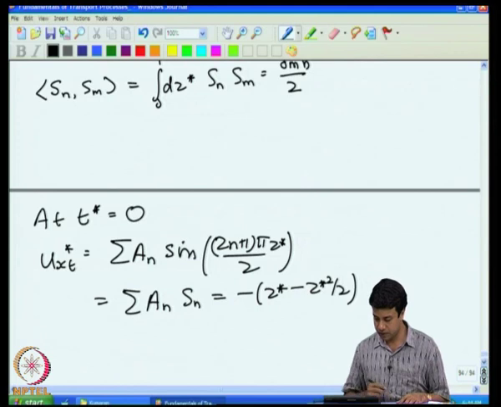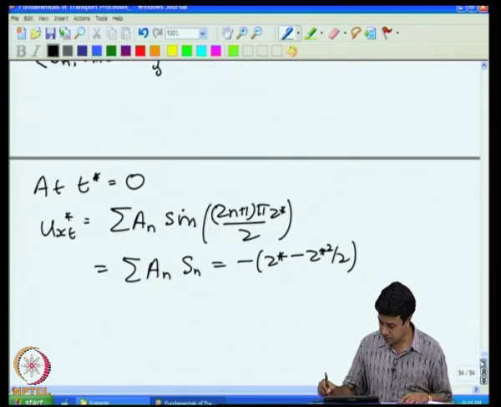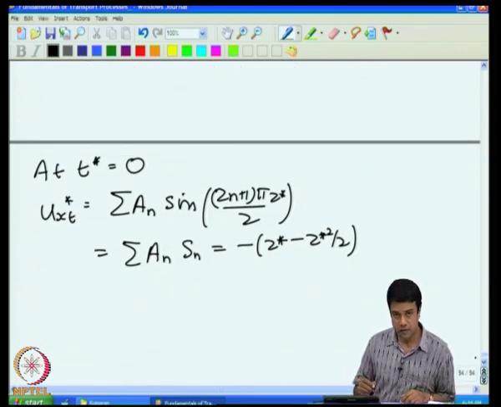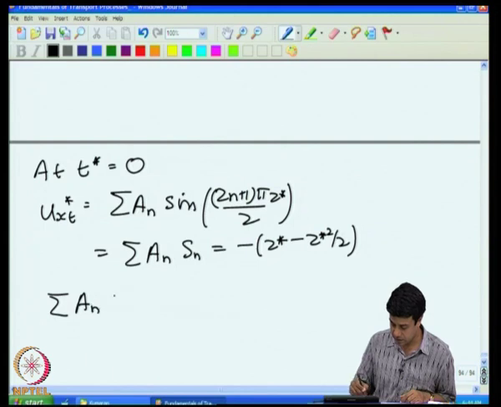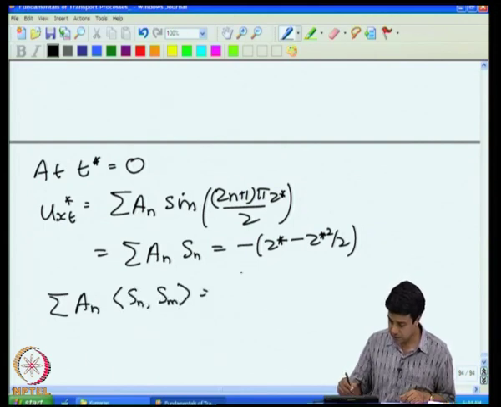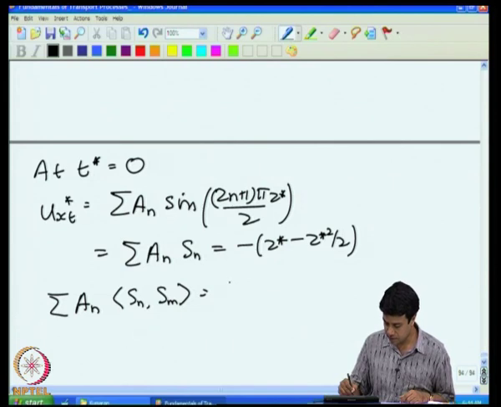So, how do I find out the coefficients a n? I take the inner product of both the left and the right hand sides with respect to Sm. So, summation of a n times the inner product of Sn comma Sm is equal to the inner product of minus (z star minus z square by 2) comma Sm.